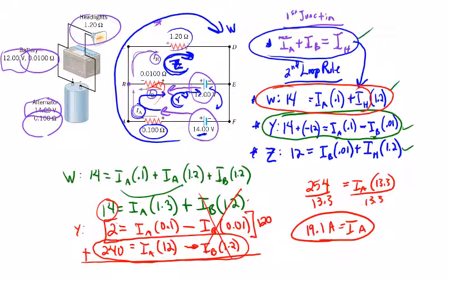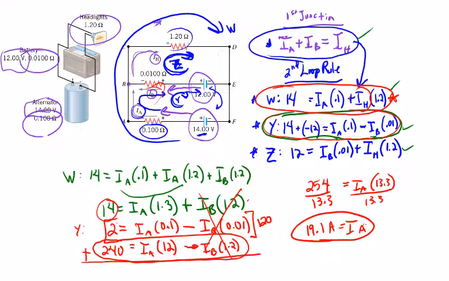Or I can plug it back into this Y equation to figure out what IB is. Those are two choices. What I typically do is I like to use some of the stuff that I already have, so I don't want to totally recreate the wheel and I try to make it as easy as possible. So I like the idea of plugging this back into W.